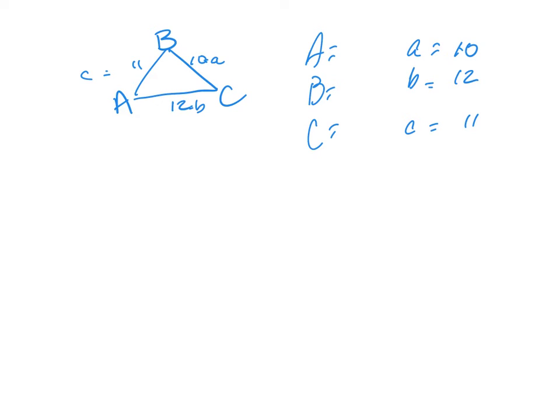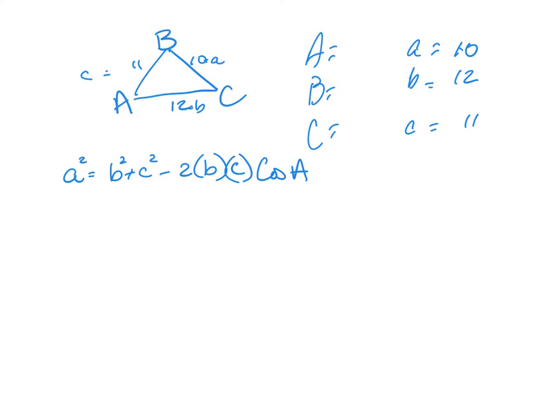So if you notice those three formulas that I gave you, one of them has a big A, the second one has a big B, and the third one has a big C. So let's just find A. We'll use the first one. The first formula is A squared equals B squared plus C squared minus 2BC cosine of big A. So we're looking for cosine of big A.